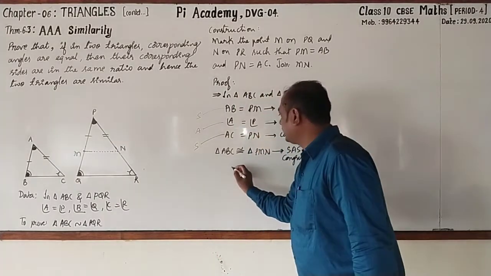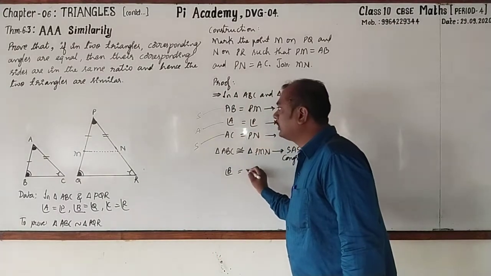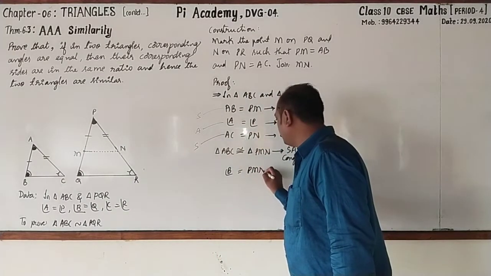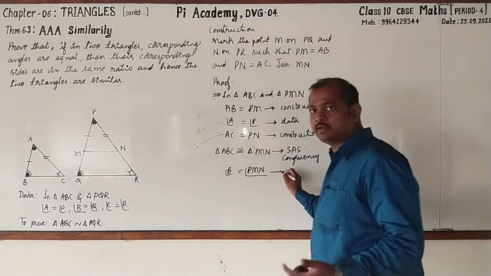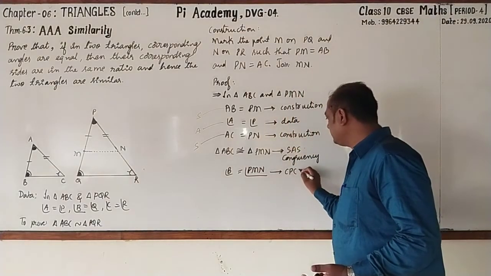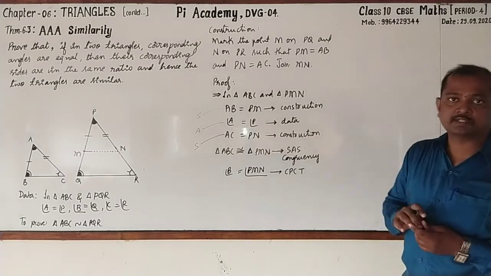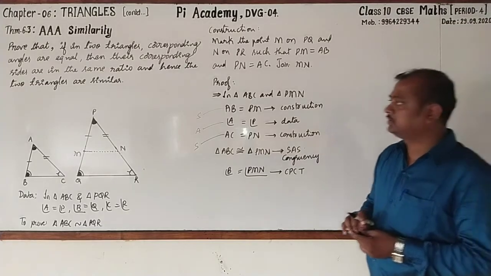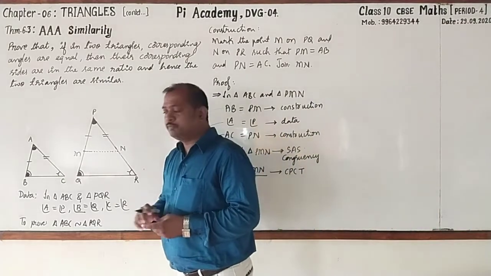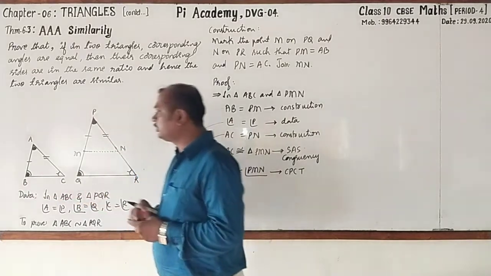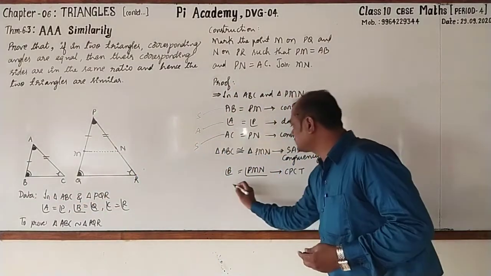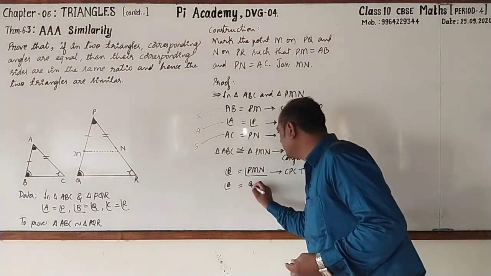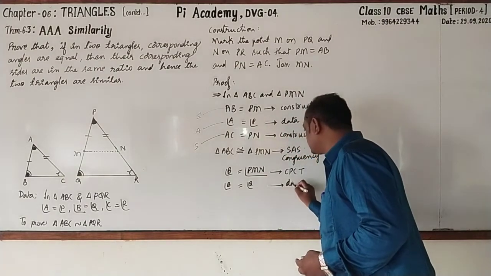Here angle B is equal to angle PMN. What is the reason? It is from CPCT, corresponding parts of congruent triangles. Dear students, we also know that angle B is equal to angle Q. What is the reason? The reason is the given statement, that is data.